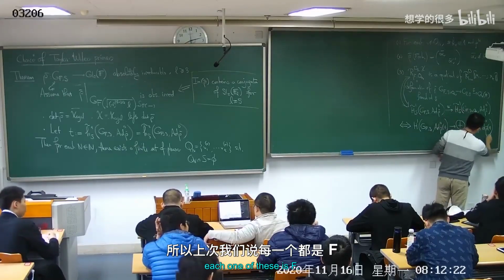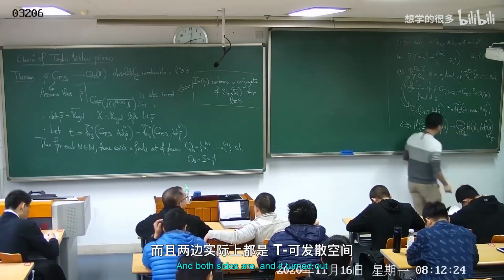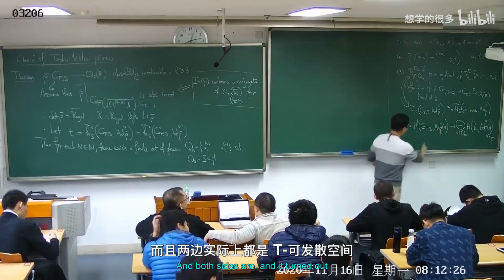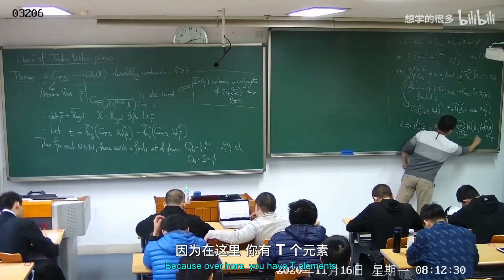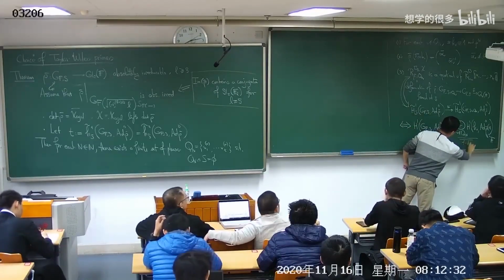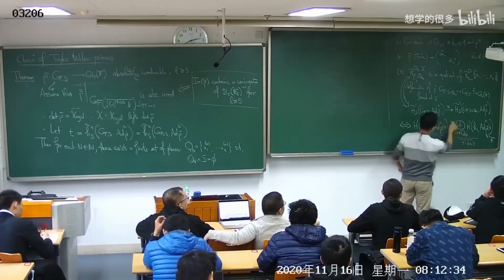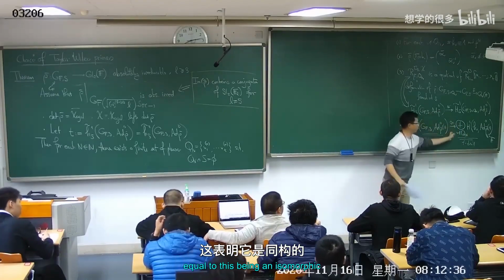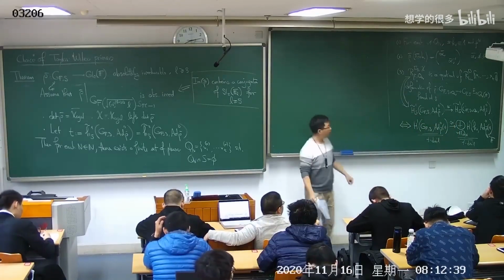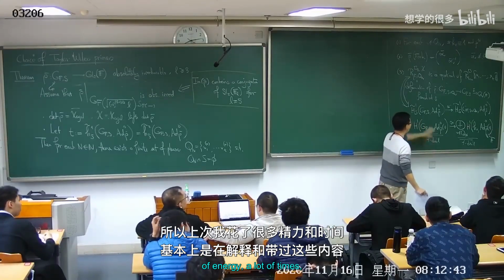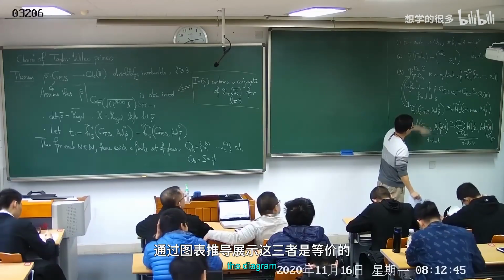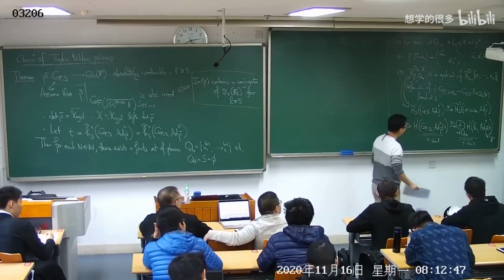So last time we said each one of these is F, and it turns out both sides are T-dimensional vector spaces, because over here you have T elements. And this isomorphism is equivalent to this being an isomorphism. Last time I spent a lot of time going through the diagram chasing to show these two are equivalent.